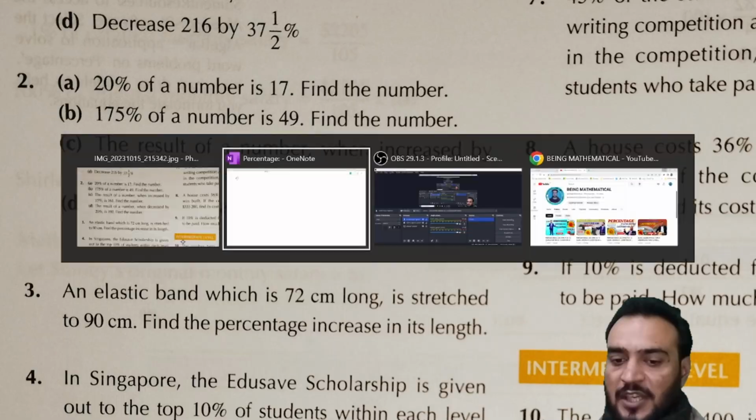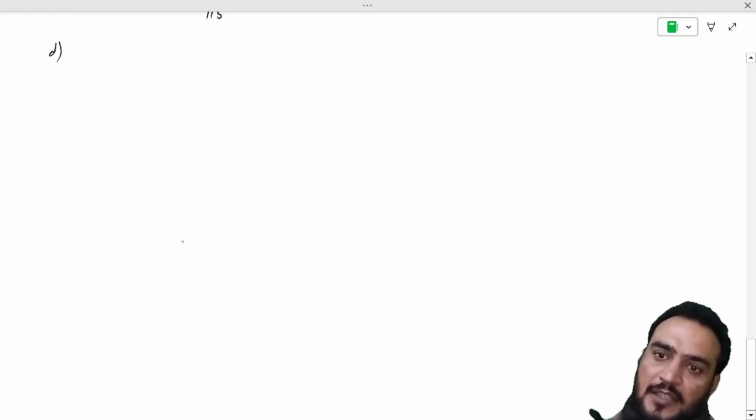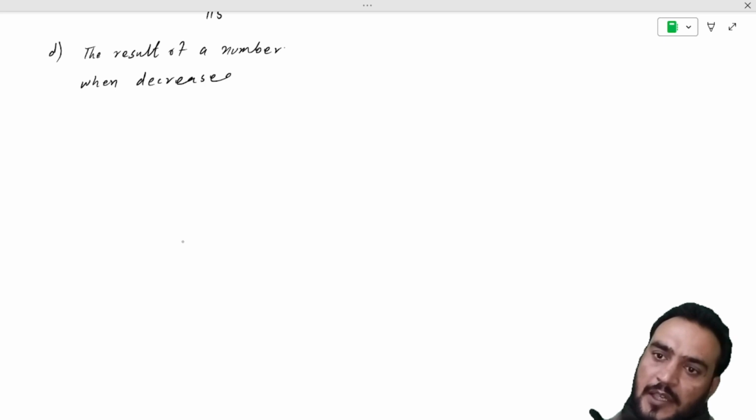So this is the reverse of part C. The result of a number when decreased by 20% is 192. We have to find that number.